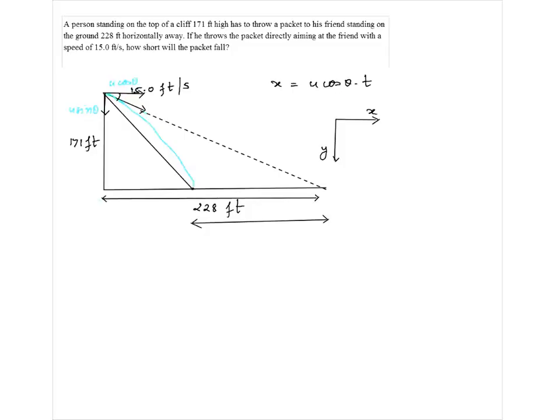In the downward direction, s equal to ut plus half at square. I'm interested in this distance. So 228 minus that distance will be my answer. Let's get rid of t.